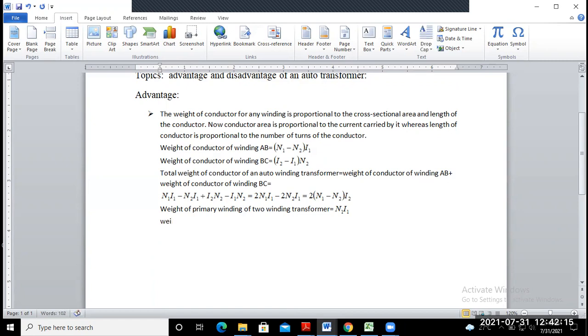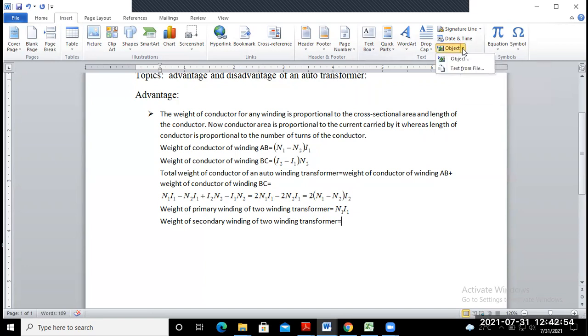So the weight of the secondary winding of a two winding transformer is equal to I2 N2, that is N2 I2.